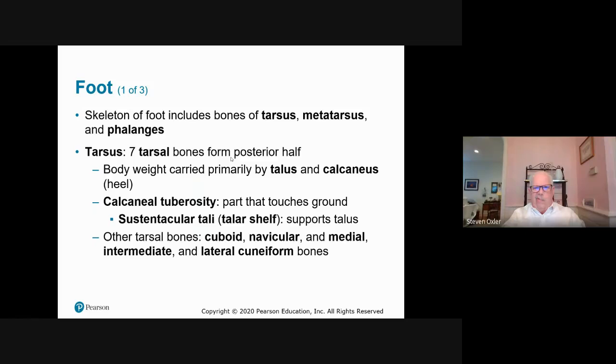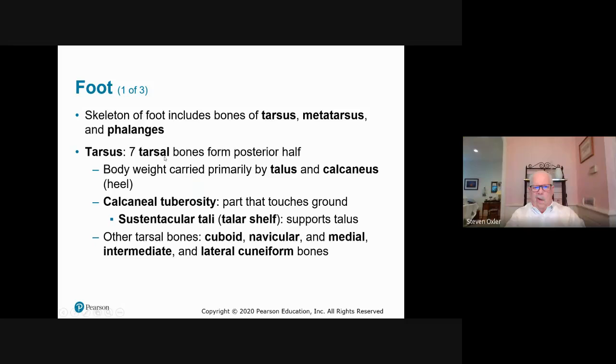All right? The foot. The foot consists of the ankle, which is the tarsus, the metatarsal bones, and the phalanges. I don't really care if you know that the tarsal bones are 7. I want you to know the word tarsus means ankle.